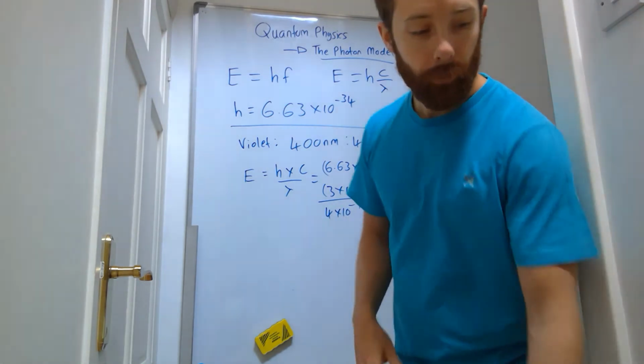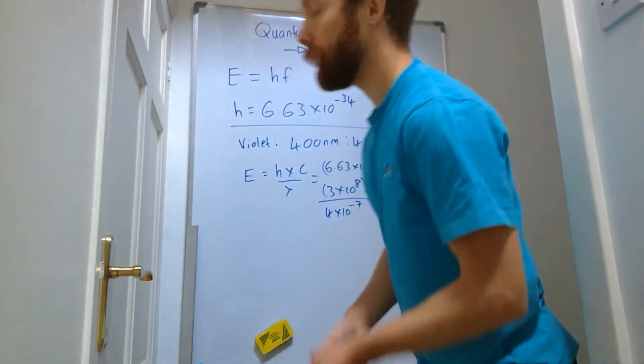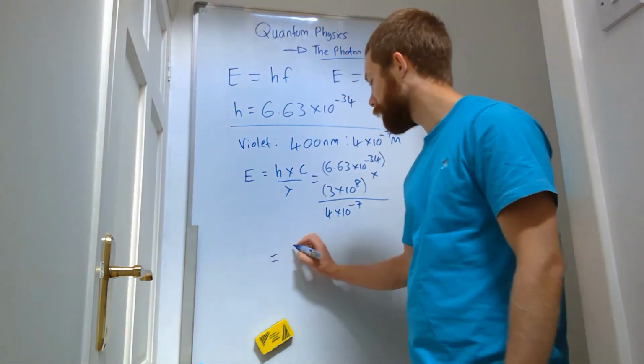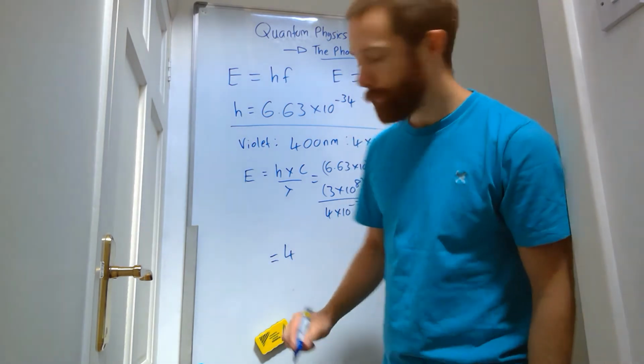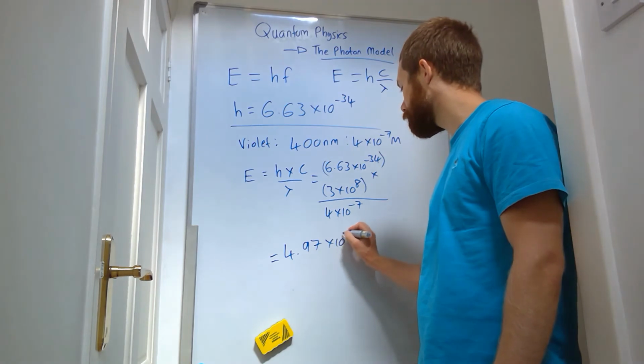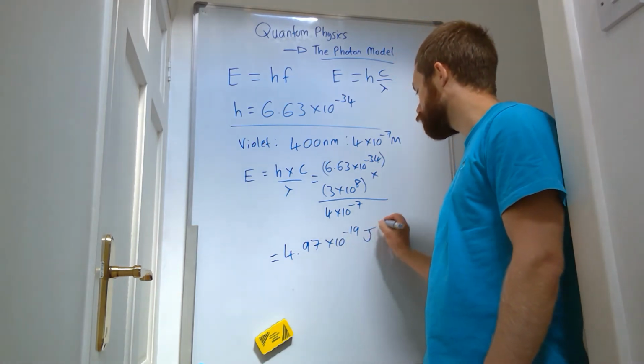Okay, so if I do this on the calculator, 4.97 times 10 to the minus 19 joules.